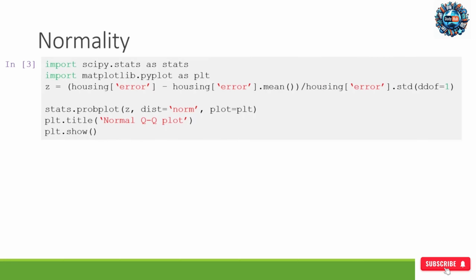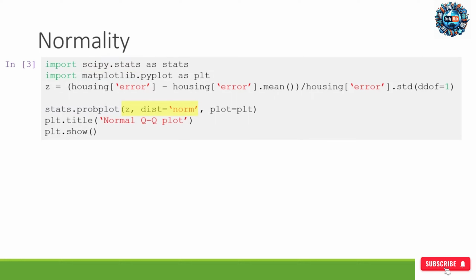For normality validation, we can use a quantile-to-quantile plot, or QQ plot. We use the method probplot from the Python package scipy.stats to draw the QQ plot. The first input of probplot is the standardized error.